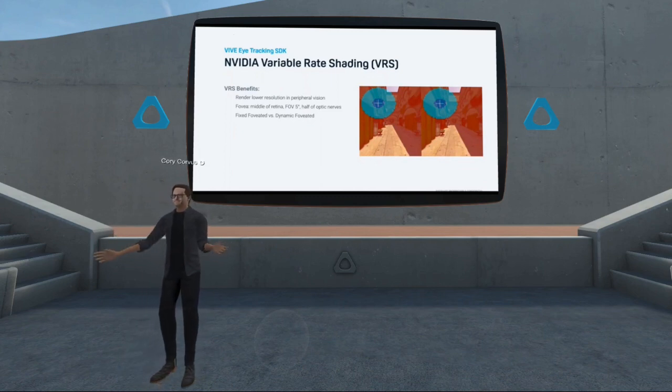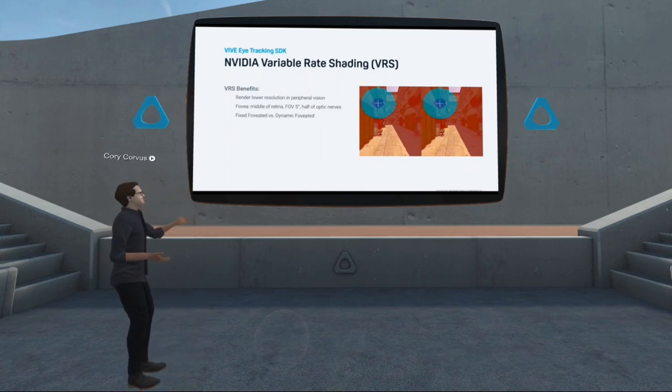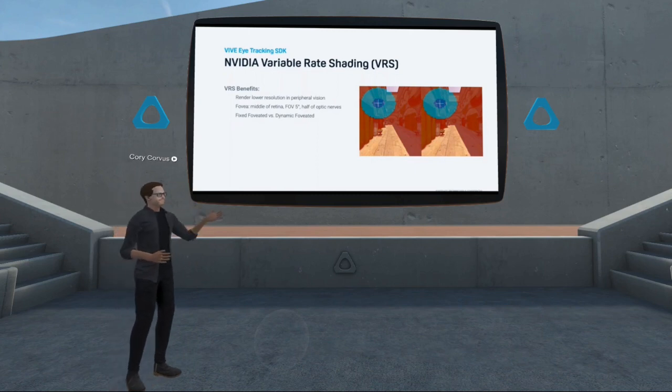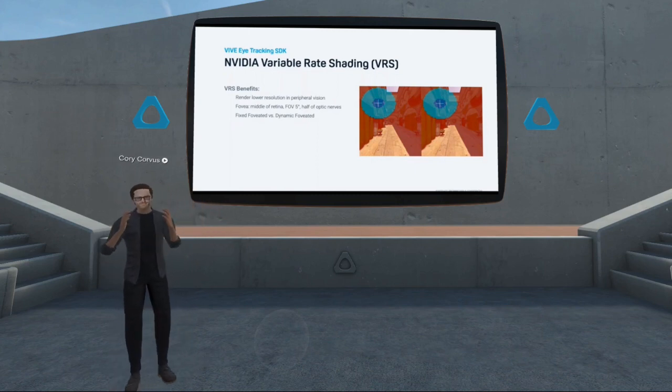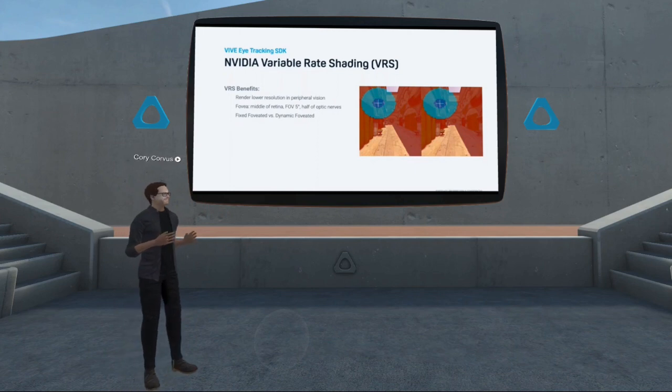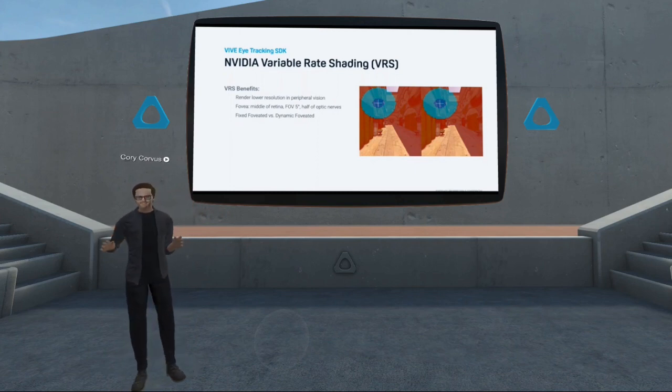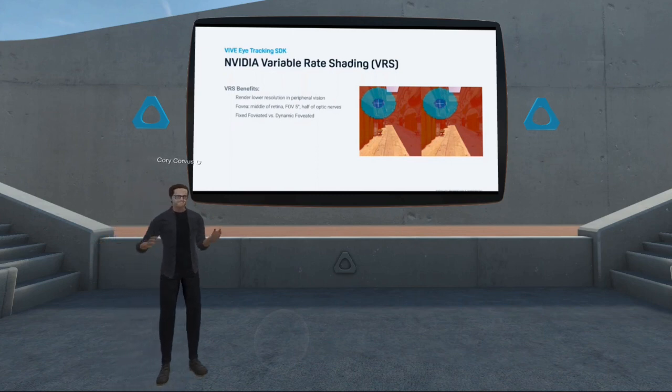This diagram presents a little bit how foveated rendering works with variable rate shading. Your fovea is the middle of your viewing. So variable rate shading and foveated rendering is a technique for improving graphic performance.